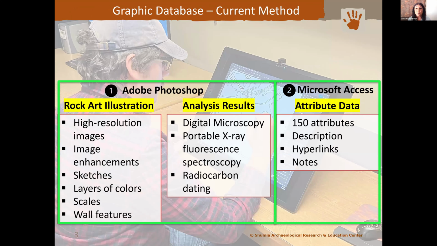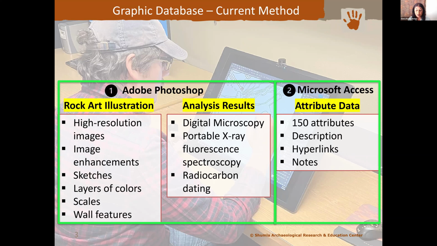Currently, the method combines graphic and analytical data using a standardized and replicable process, ensuring consistency across multiple sites, supporting updates, and the integration of new data. The rock art graphic database consists of 2 complementary parts.